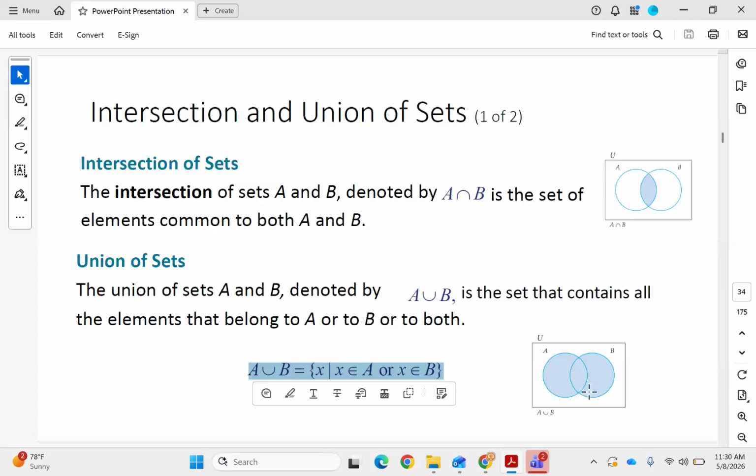In the diagram, it is the entire area that covers A plus B. Very important: when we talk about area, you're not supposed to add twice. You just add each piece once.